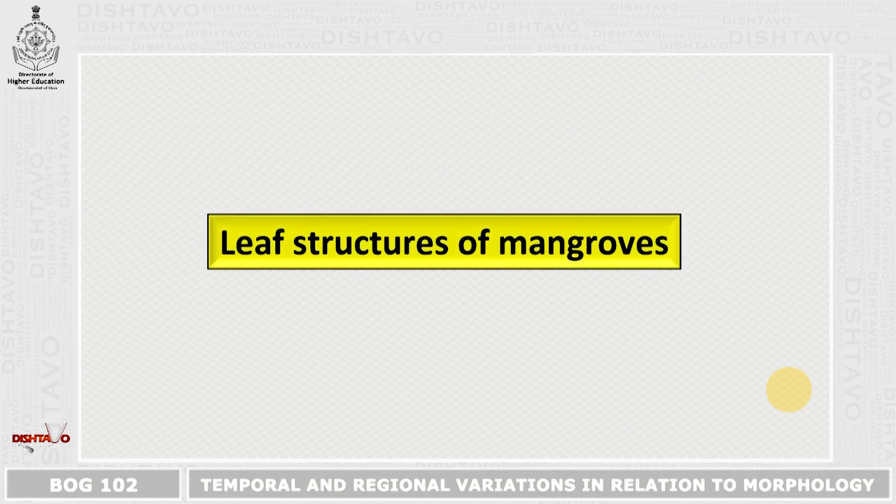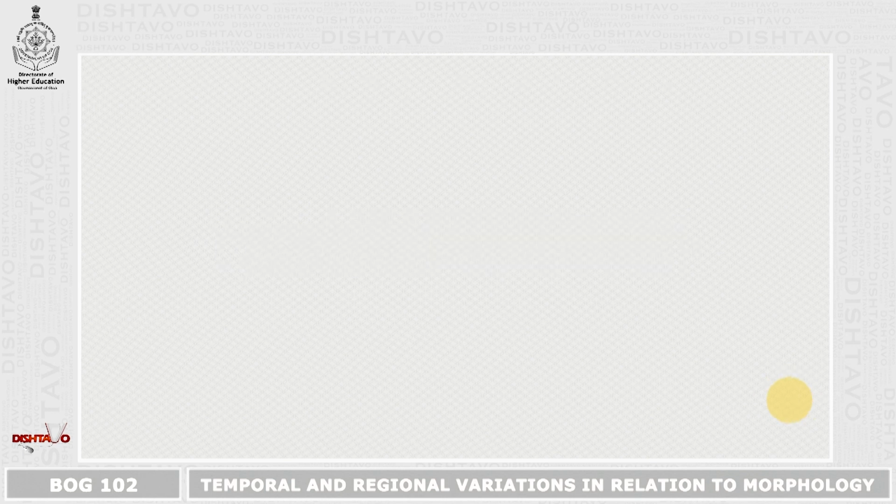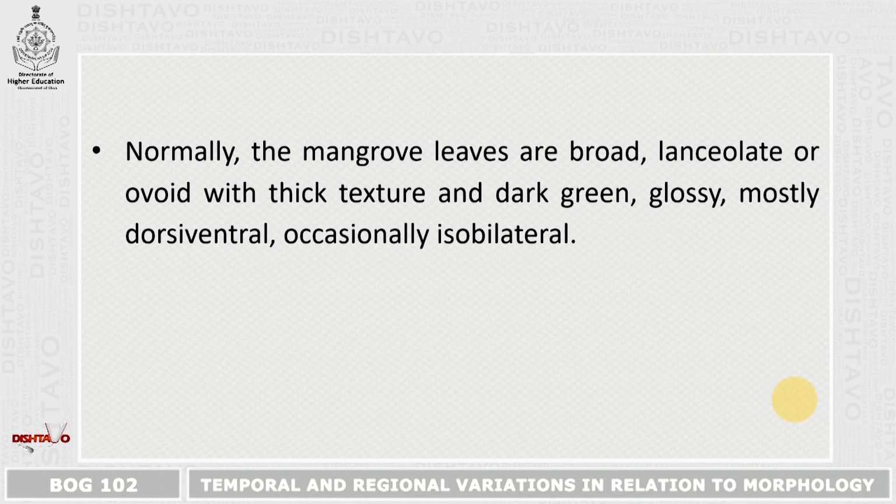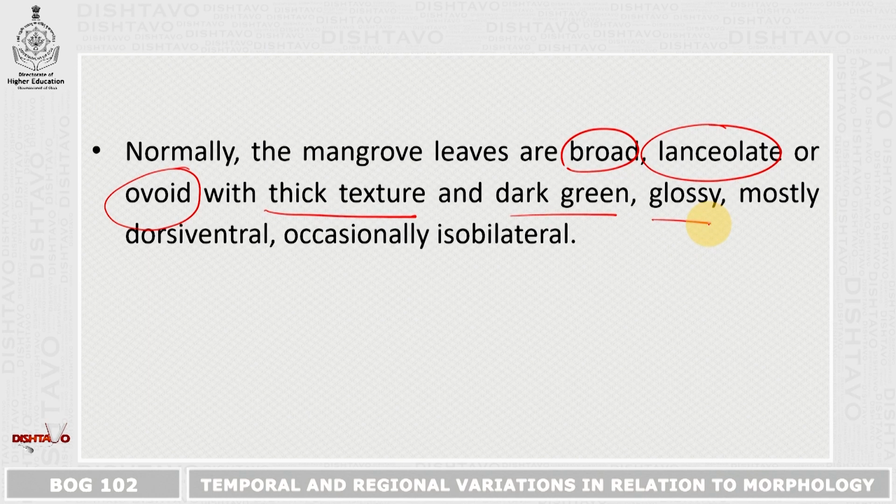Now let us learn about leaf structures in mangroves. Normally, the mangrove leaves are broad, lanceolate or ovoid with a thick texture, dark green in color, glossy and mostly dorsiventral, which means there are two distinct surfaces of the leaf, and occasionally some leaves are isobilateral, which means there is no distinct leaf surfaces.